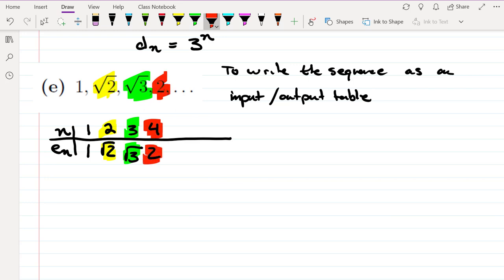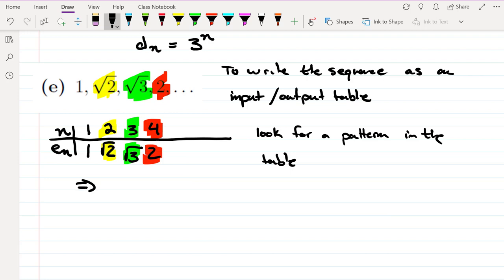So now we look for a pattern in the table. 1 gets paired with 1, 2 gets paired with the square root of 2, 3 gets paired with the square root of 3, and 4 gets paired with 2.